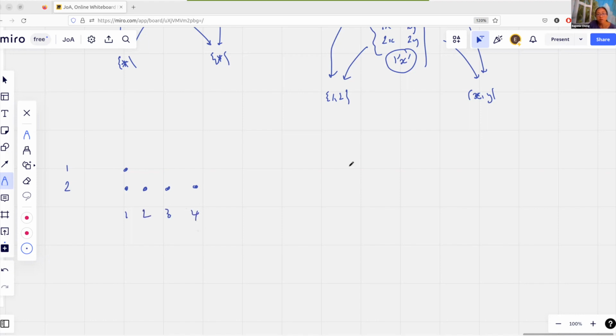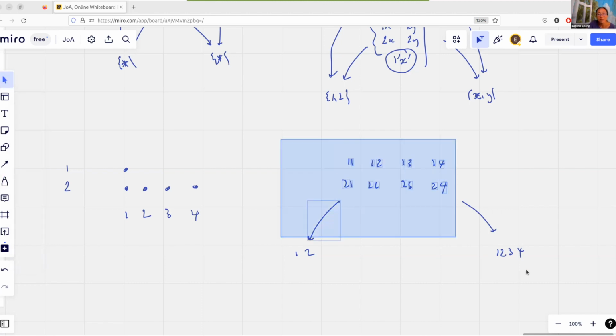And so we know that the full product ought to be 1,1; 1,2; 1,3; 1,4; 2,1; 2,2; 2,3; 2,4. The projections this way go to the set 1, 2, and the projections this way go to the set 1, 2, 3, 4. Again, I haven't left myself quite enough space, but it's okay because I can move it down.